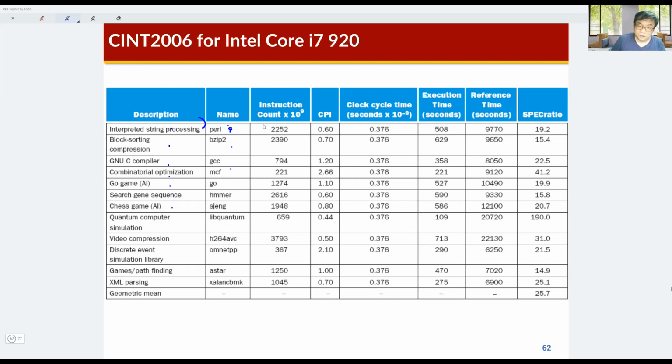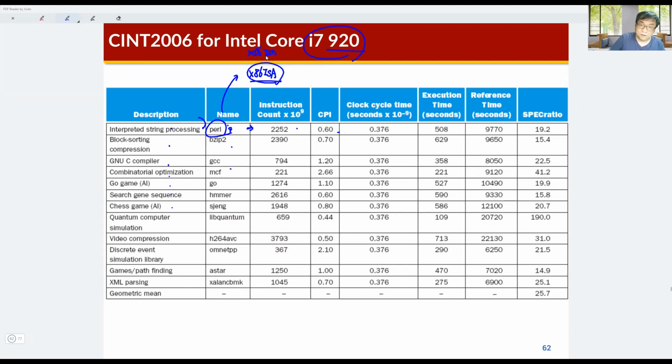You can also find the instruction count, the CPI, and the clock cycle time of a specific processor. These benchmarks are executed on the Intel Core i7 920. The benchmark is compiled for the x86 ISA because Intel uses the x86 ISA.